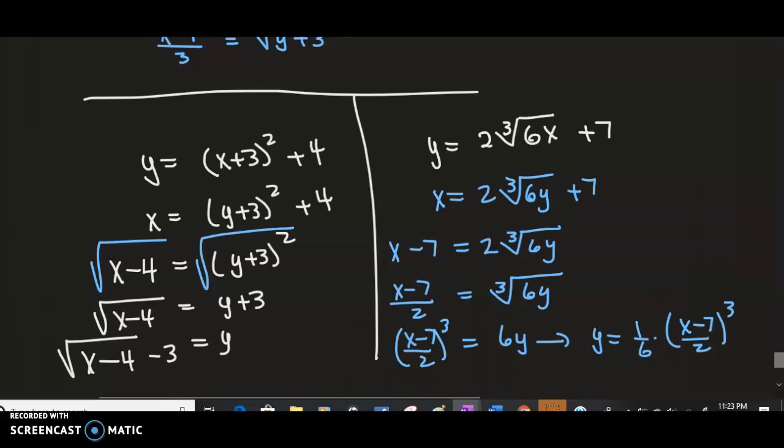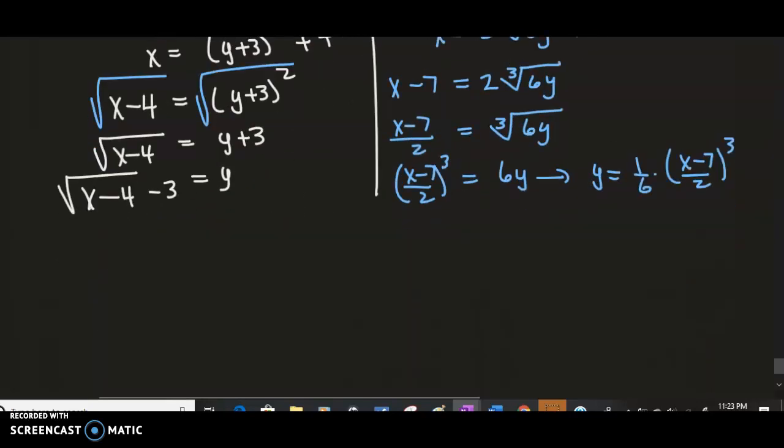Now you could clean this up a little bit if you want. Denominator, 2 cubed is 8, times 6 is 48. So maybe you call it 1 over 48 times quantity x minus 7 cubed. So it's really up to you on that last one. Let's do one more. Why not?